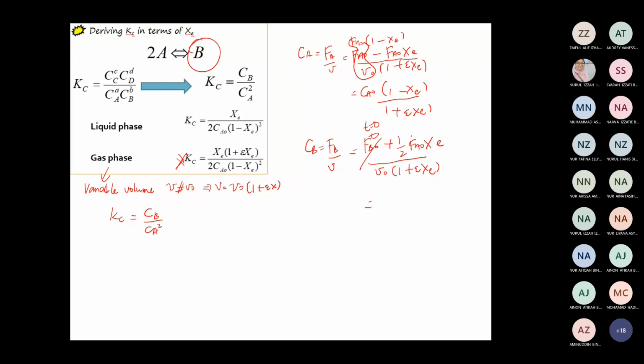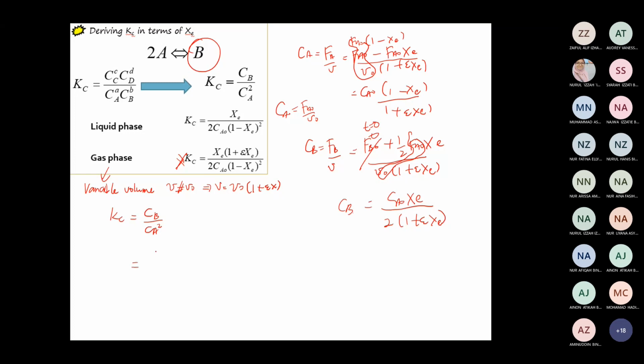So this one kita boleh jadikan dia CA0, sebab CA0 is equal to FA0 over V0. So it becomes 2 kat bawah ni, atas ni is CA0, and then we have XE, and then (1 plus epsilon XE). So this would become the CB. So masukkan balik dalam ni.